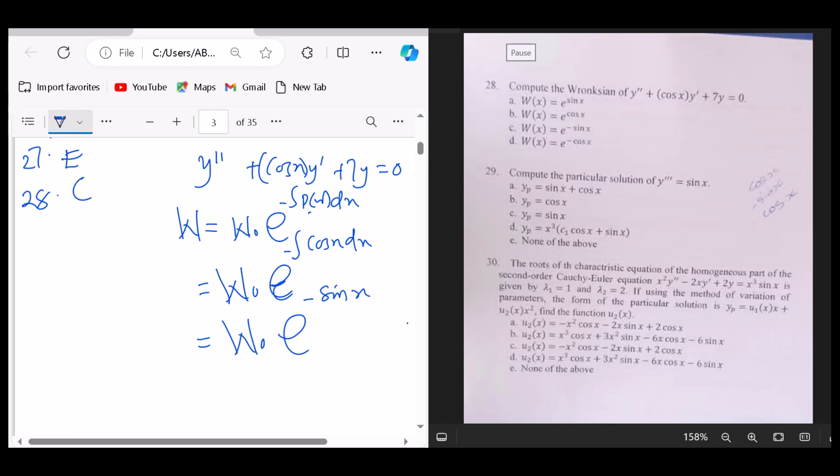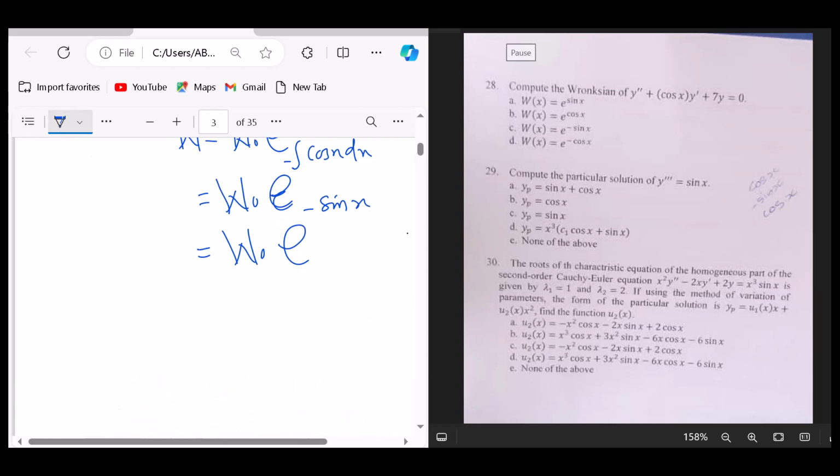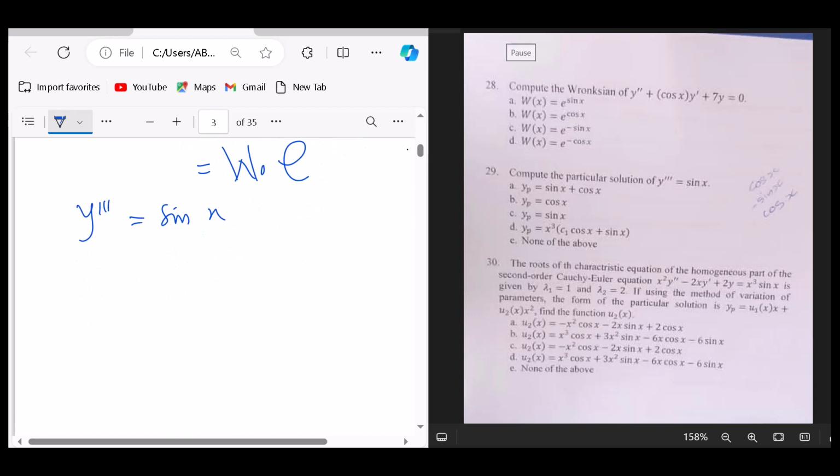Now 29, they are saying that you should compute the particular solution of this, which is y prime prime prime equals sin x. Okay, they are saying we should compute the particular solution. So we just assume that the particular solution is y of p equals a sin x plus b cos x.